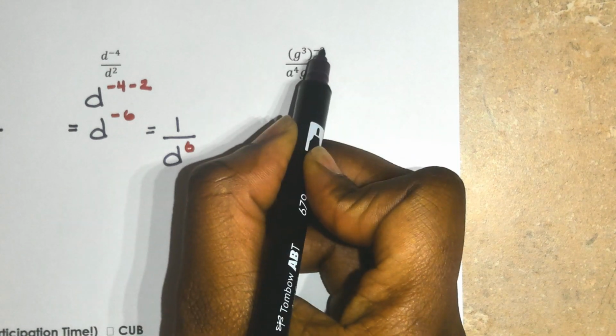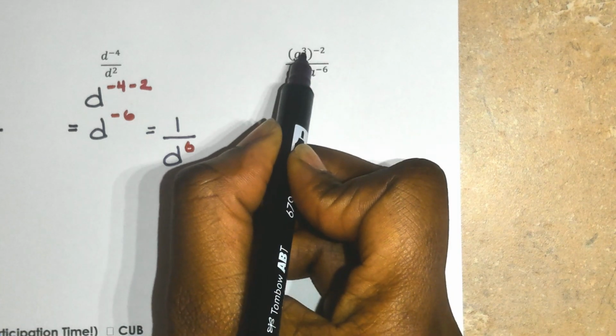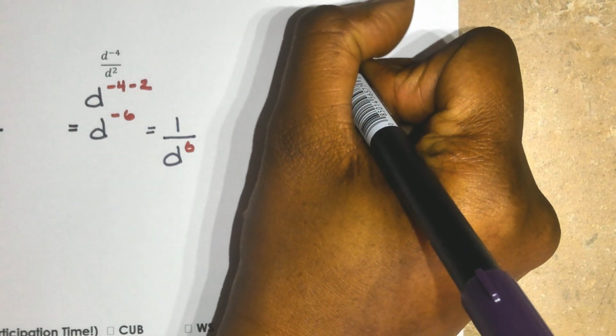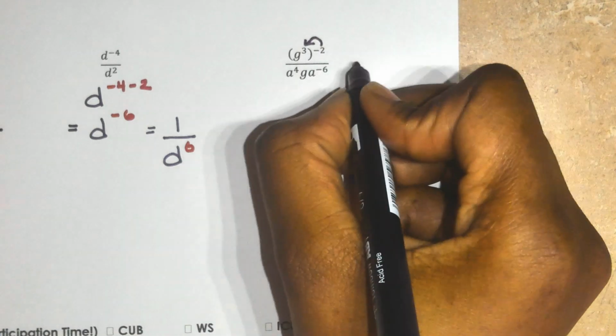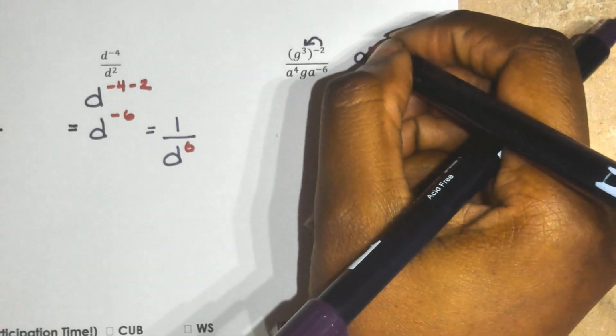For the next question, I want to simplify first. So I'm going to first work with the top, and then I'm going to work with the bottom. On top I have g to the 3rd power raised to the negative 2nd power. I'm going to use the power of a power property, keep that base, and multiply those exponents. So I'm going to get g to the negative 6th power.